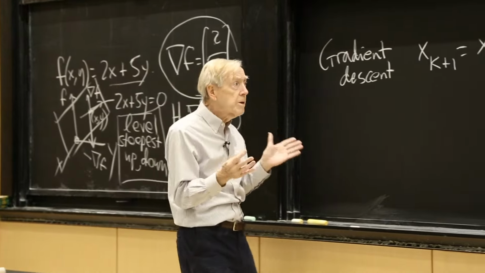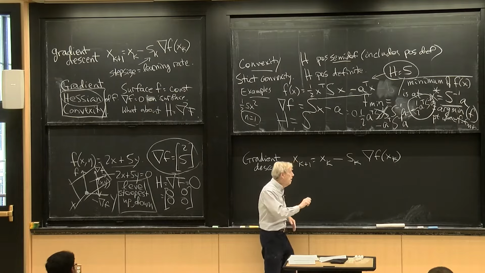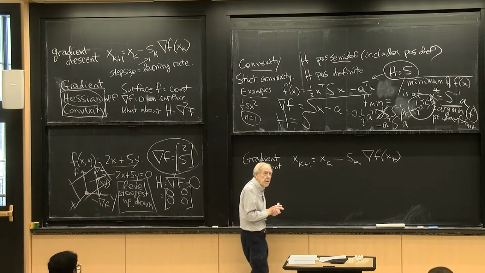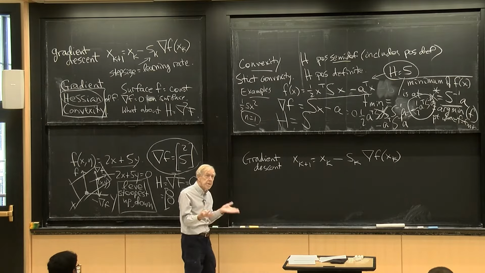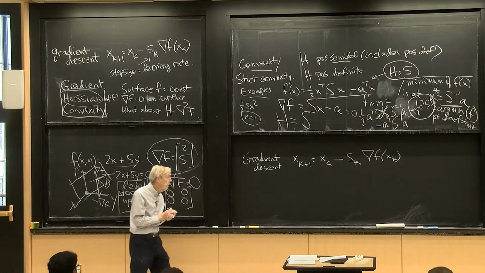And one way that you could get it right would be to optimize, choose the optimal s_k. Of course, that takes longer than just deciding an s_k in advance, which is what people do.